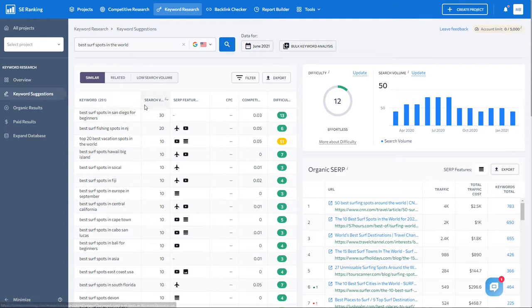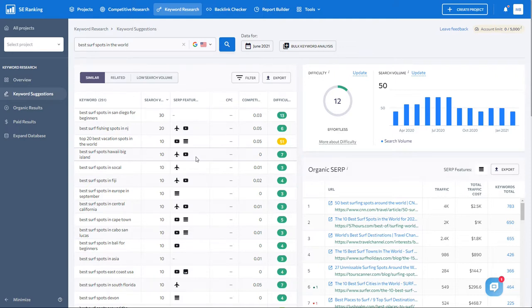So frankly, it isn't perfect. When you think about things like Ahrefs and SEMrush, I think they're going to be better than this tool, but you're getting a keyword database which is more in line with Ahrefs rather than with KWFinder and the other cheaper tools, and you're paying a lot less.